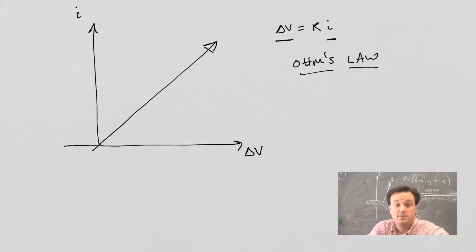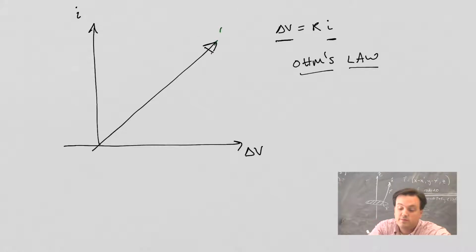That is, the bigger the potential difference, the bigger the current. I don't want to leave you, though, thinking that this is some real law in the sense that materials have to obey this. It turns out that this is one of these laws that we see because lots of materials tend to obey this. And in lab, you'll measure lots of materials where the relationship between the current and the change in potential is linear.